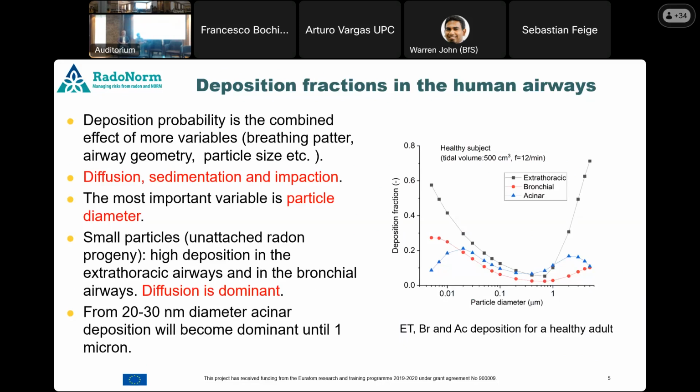They deposit with almost 100% probability in the extrathoracic airways. But the attached progeny have a few hundred nanometer diameter. They deposit with quite low probability everywhere, so they are inhaled and they are exhaled. As you see here in the middle, it's quite low deposition, and they mostly reach the deep bronchial airways.